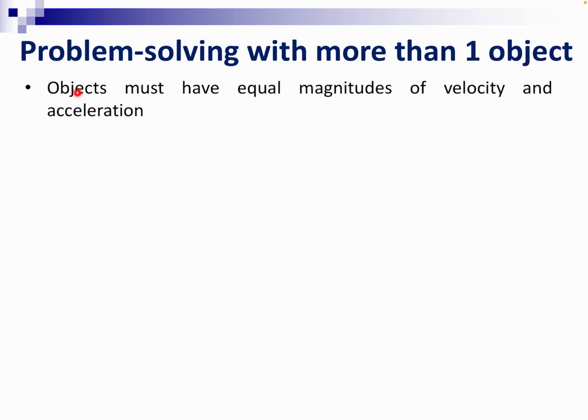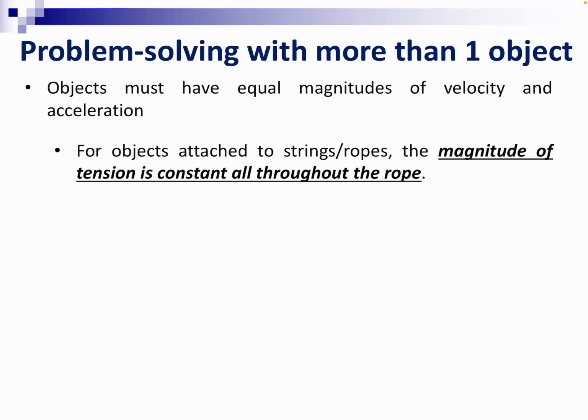So the objects should have equal acceleration and velocities, magnitudes at least. And if the objects are connected by a string or a cable, then the tension throughout that rope or string or cable should be the same, because it's the same string that connects these two objects. As these two objects move, the tension will be the same all throughout.